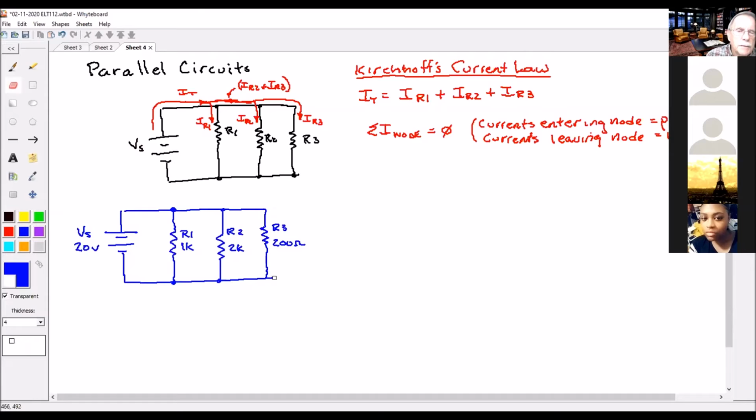We could say V sub R1 is going to be, I sub R1 is going to be V sub R1 over R1. So I have 20 volts divided by 1K, 20 milliamps.